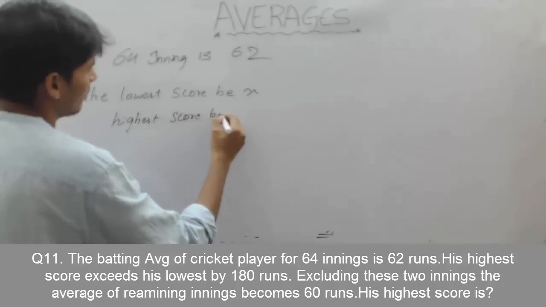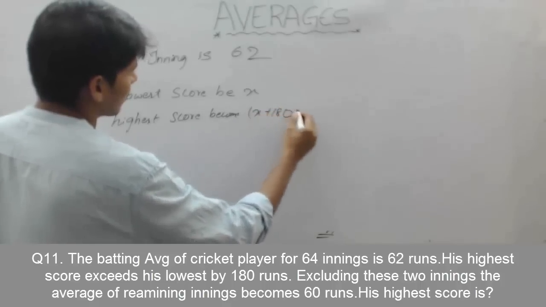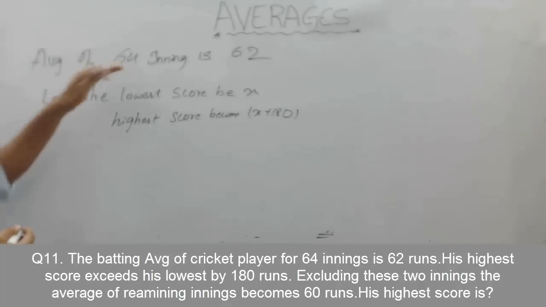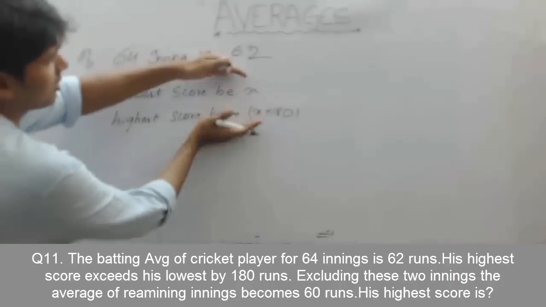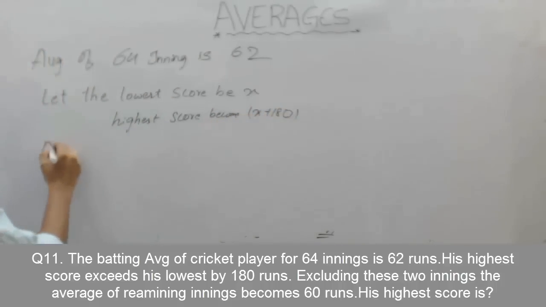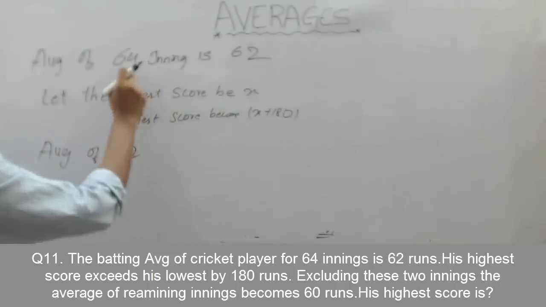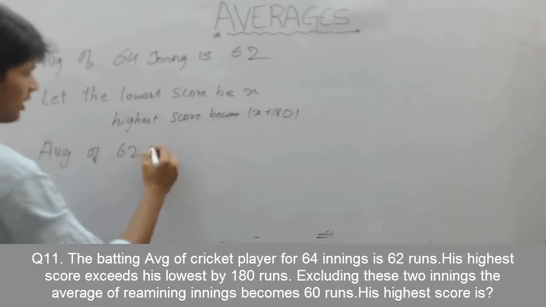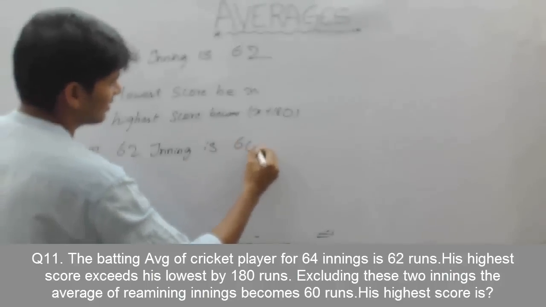The highest score becomes x plus 180. He has said that if we take out these 2 innings, then the average became 60. That means for the remaining 62 innings, his average is 60.